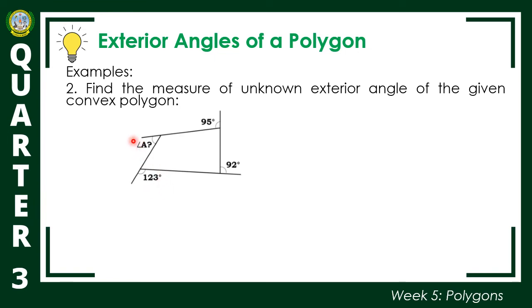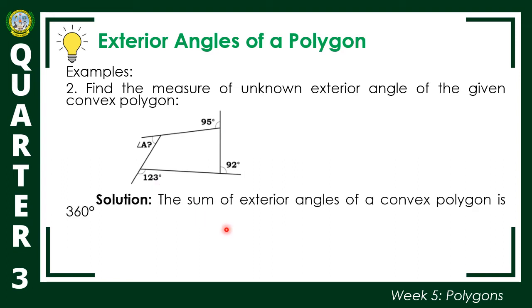Ang hahanapin po natin is yung measure po ng angle A. And for us to do that, we have to subtract the sum of the 3 given angles from the total sum of exterior angles. Okay? Tandaan po, okay, the sum of the exterior angles of any convex polygon is always 360 degrees. Kahit ilang sides pa po yan.